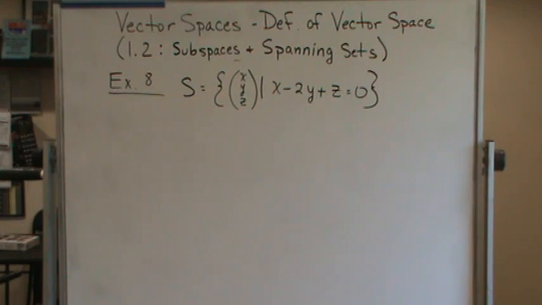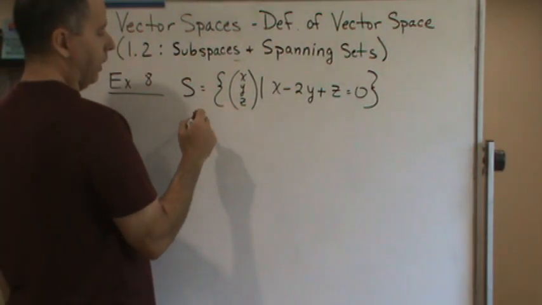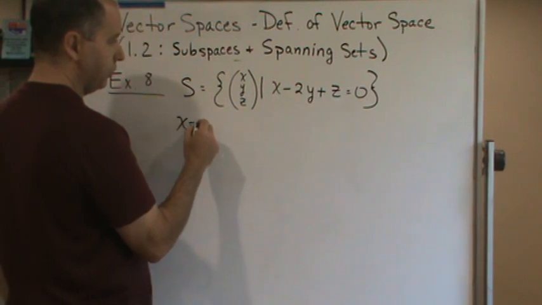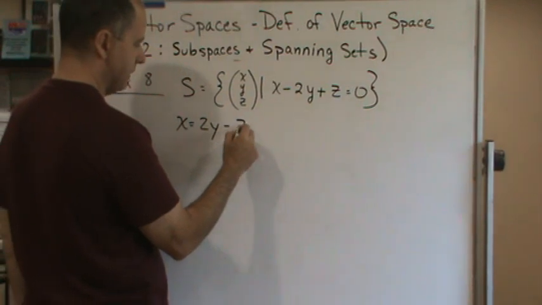Now, here's another way. We could think of x minus 2y plus z equal to 0 as a one-equation linear system and parameterize it by expressing the leading variables in terms of the free variables. So let's write x equal to 2y minus z.